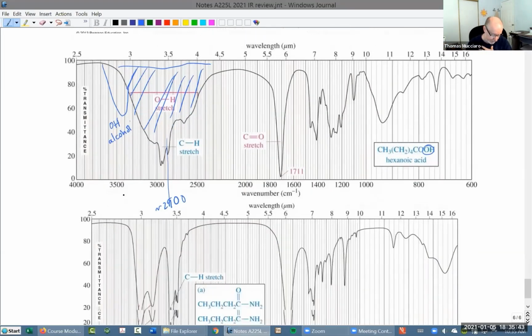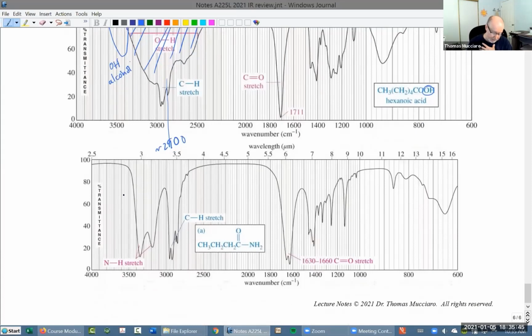And finally, this is an amide. If you look, an amide has that NH2. See? NH2, so 2 peaks. Close to where the alcohol is, a little bit lower frequency, sharp peaks in it instead of one big broad peak, okay?